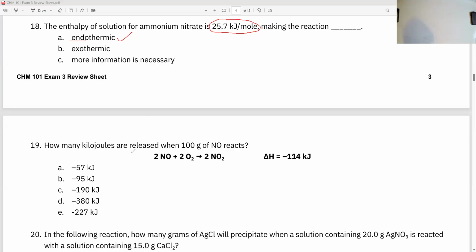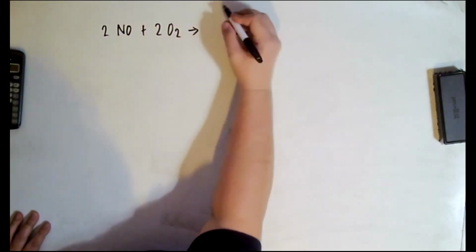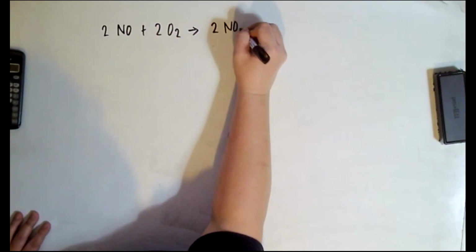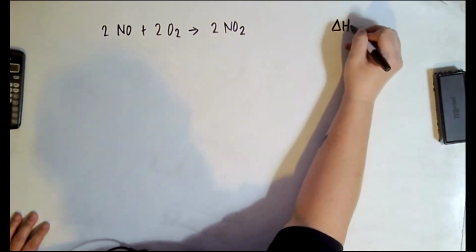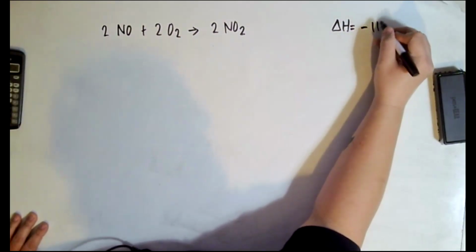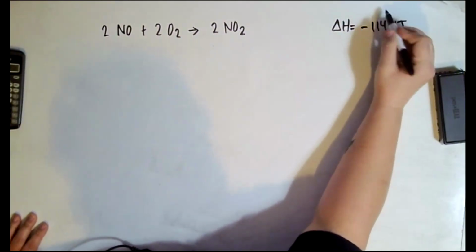How many kilojoules are released when 100 grams of NO reacts? So here they give us our balanced reaction. They tell us that our delta H value is negative 114 kilojoules.